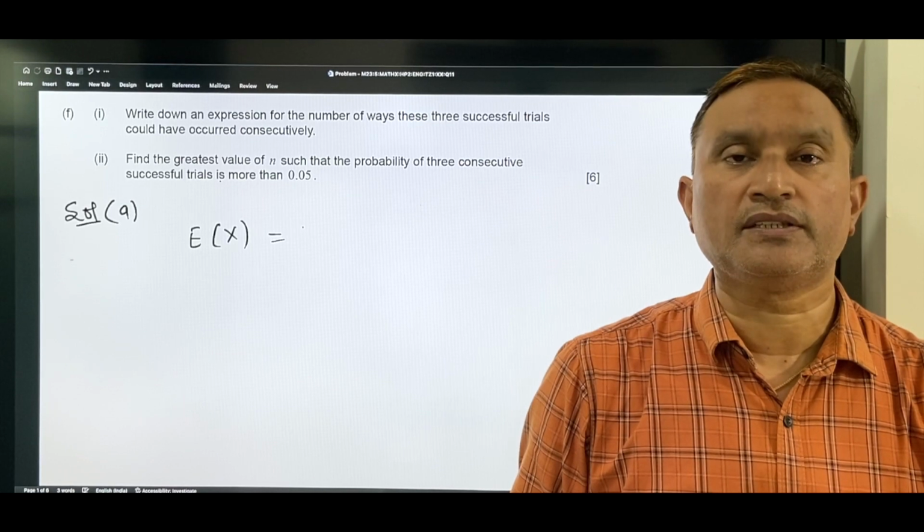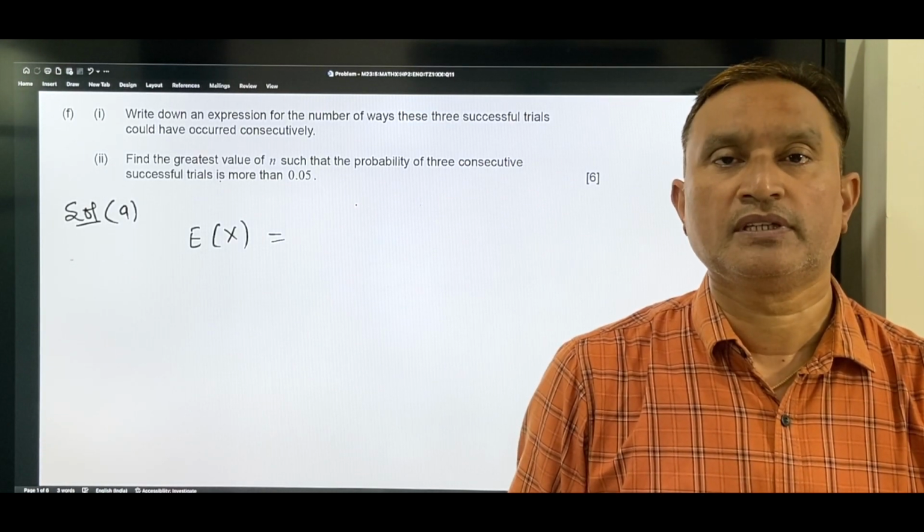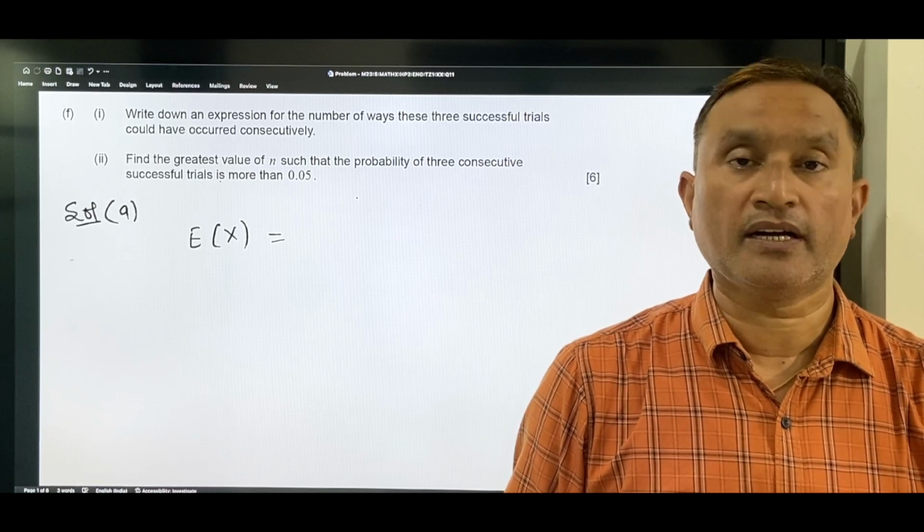Since it is a continuous random variable, we will be using the concept of integration, area under the curve.